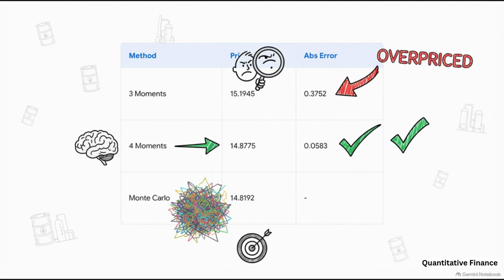Now look at the 3 moments method at the top. It significantly overprices the option at 15.1945, which yields a pretty sizable absolute error of 0.3752. You really don't want to be off by that much on a spread trade. But check out the 4 moments method in the middle row. The analytical method absolutely nails it at 14.8775, shrinking that absolute error all the way down to a mere 0.0583.